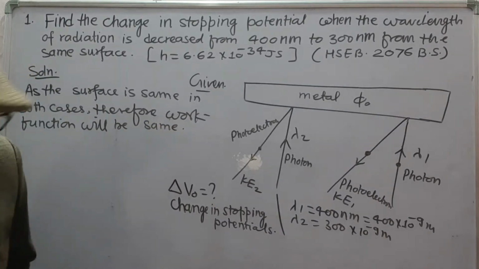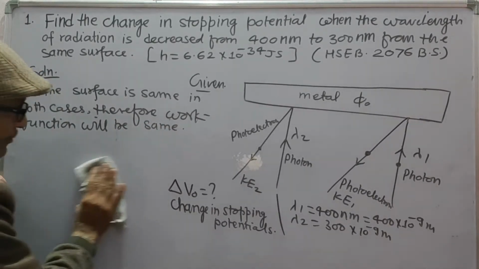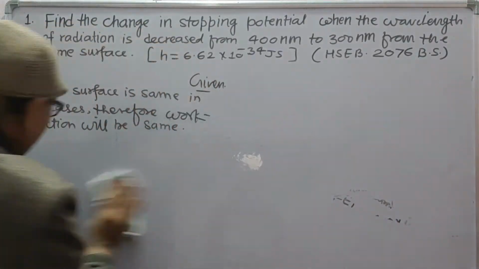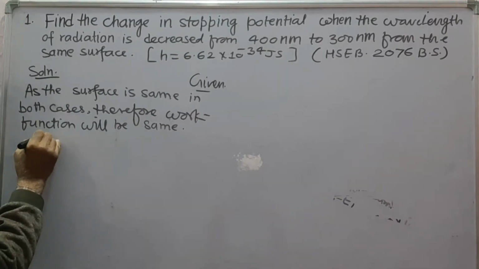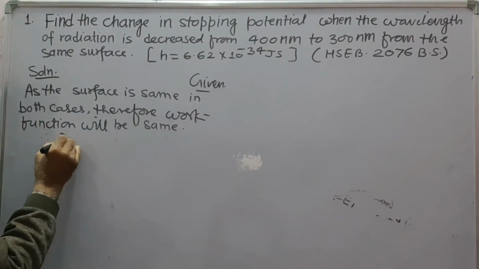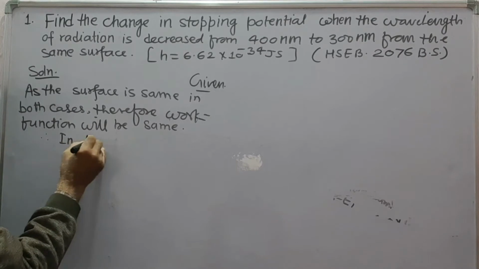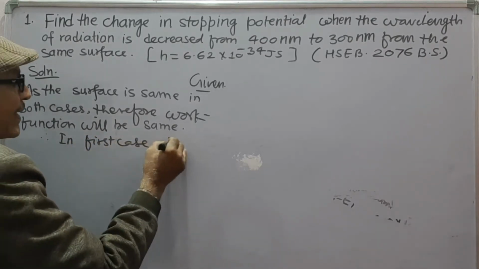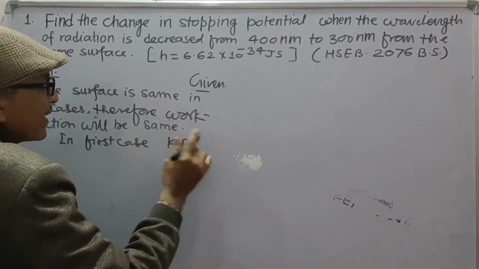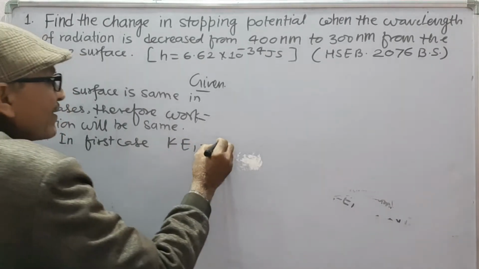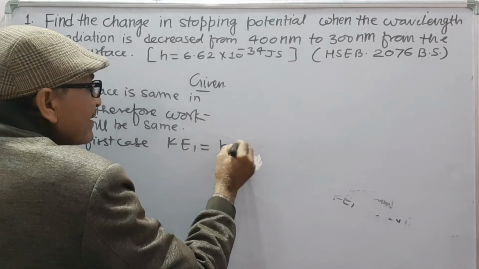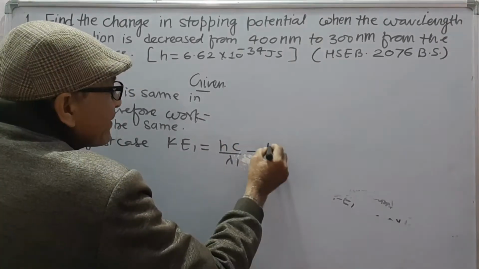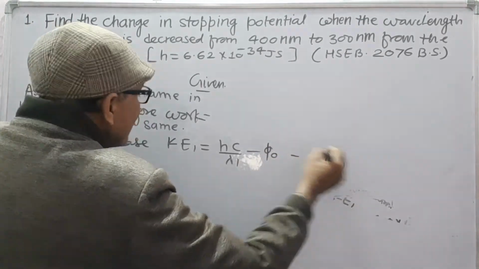Now in first case, K1 will be equal to h c upon lambda 1 minus phi naught. Suppose this is equation 1.